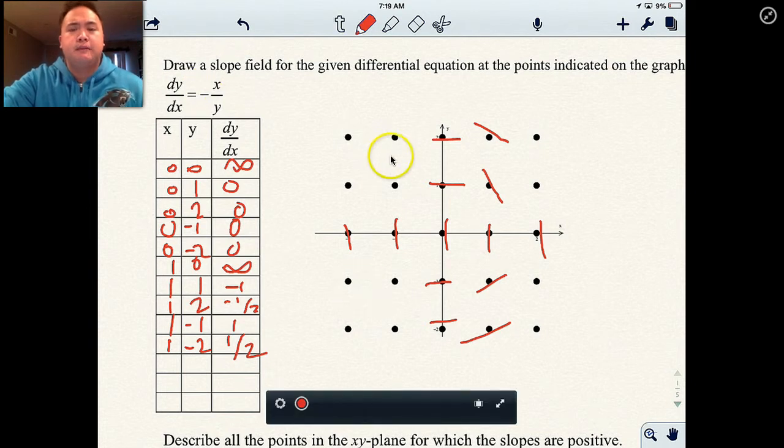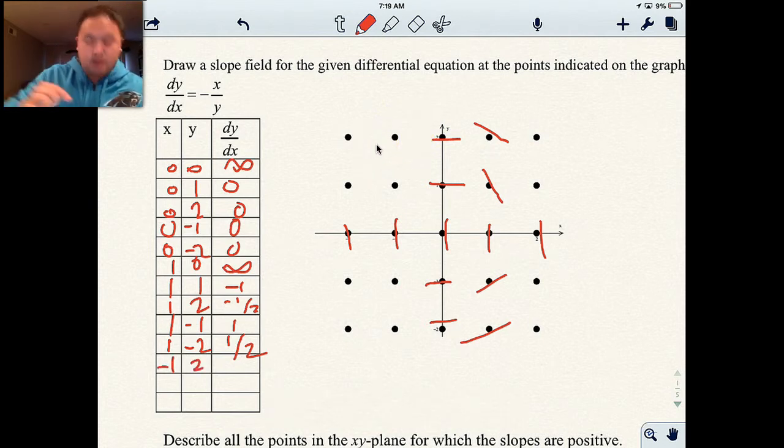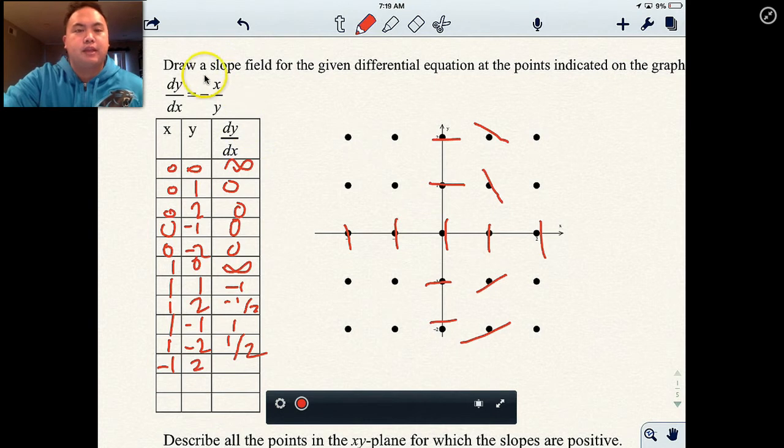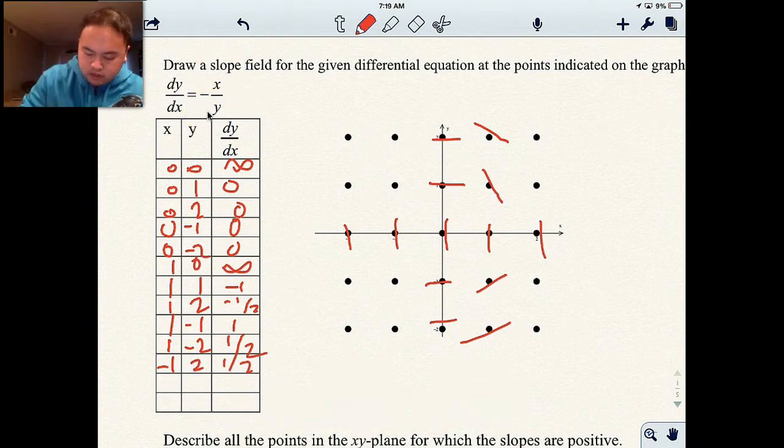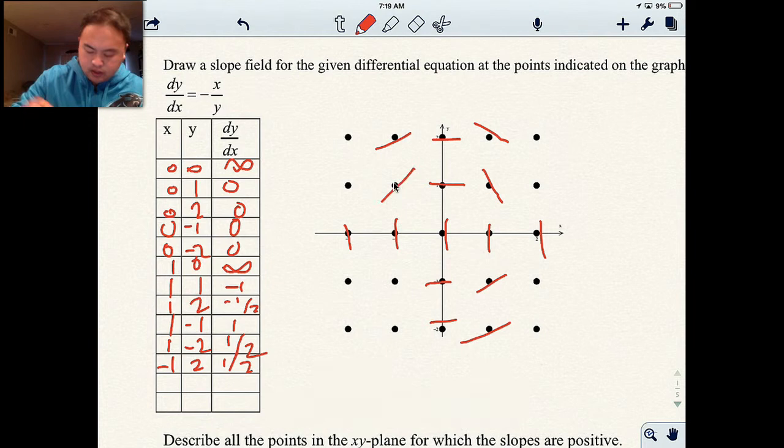For the sake of time, let me do this line right here. I'm going to do negative 1, 2. If I plug negative 1, 2 into here, I'm going to get 1 half. So it looks like that. If I plug in negative 1, 1, I'm going to get 1. So it looks like that.